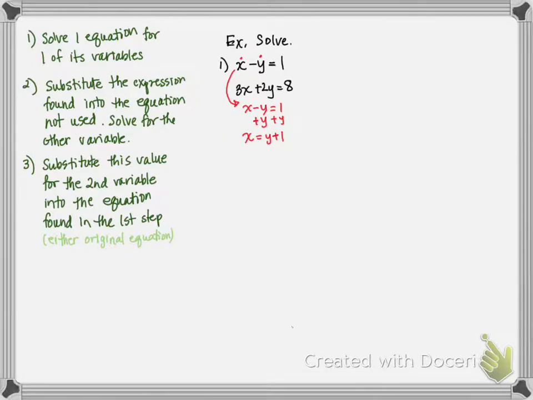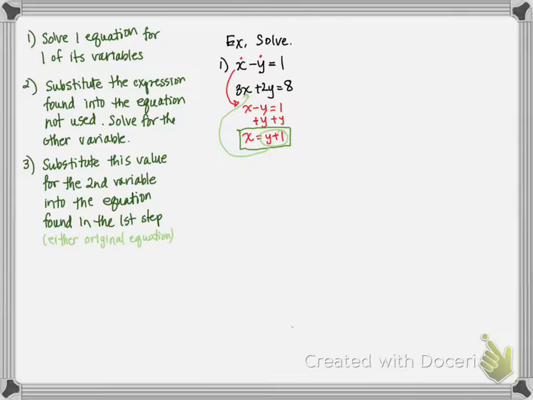All right, well, I'm going to take this equation that I just found right here, and I'm going to focus just right here on what y plus 1 is. And what am I going to do? I'm going to substitute it in for x in the other equation.